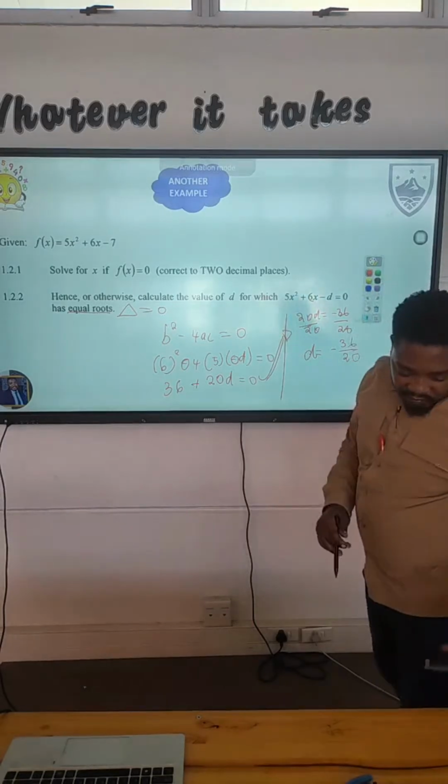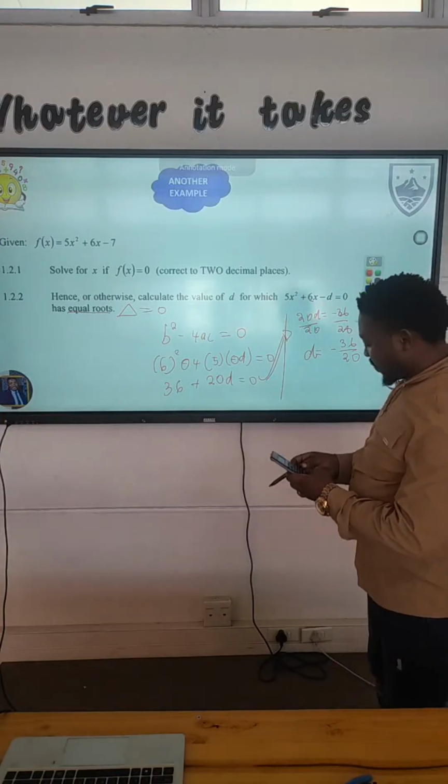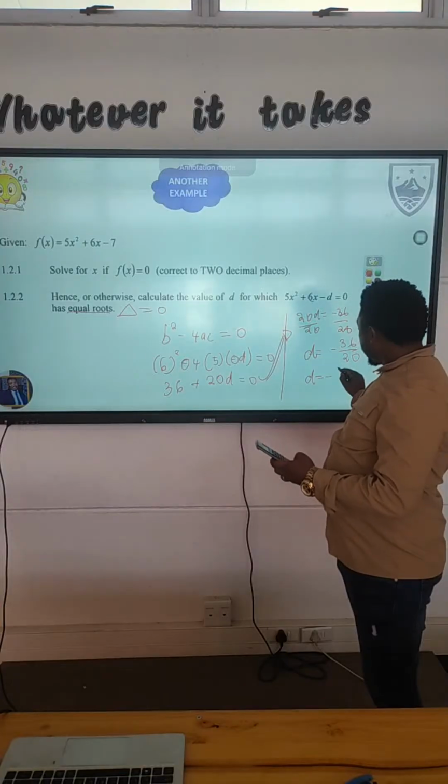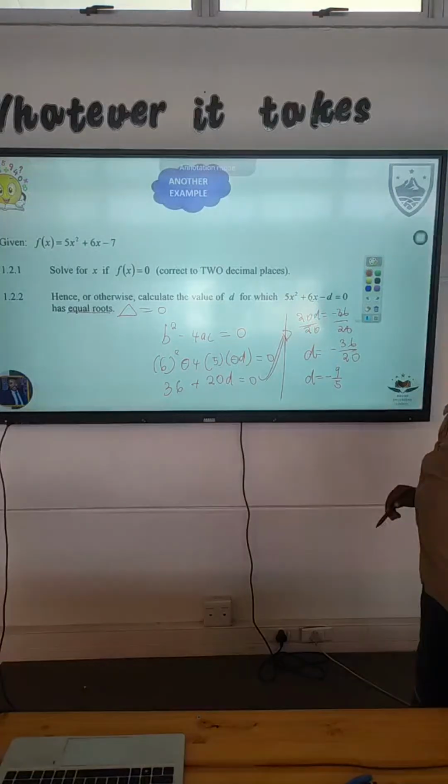When you press this in a calculator, it will simplify to negative 9 over 5. But if we leave it as negative 36 over 20, you still get full marks.